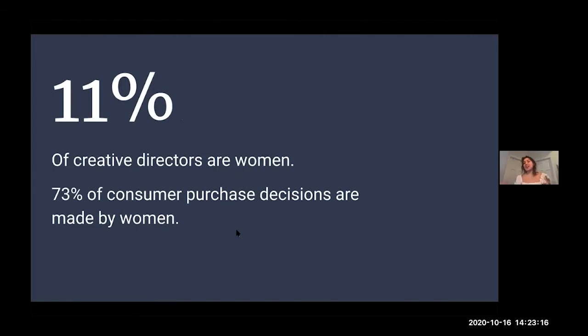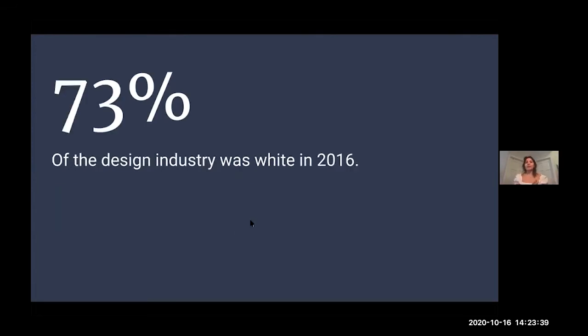Going more into the design side of things, 11% of creative directors are women, but 73% of consumer purchase decisions are made by women. So if you're building out a product or working on a team where your end user is a consumer on the open market, 73% of those purchase decisions are made by women, despite the fact that those that are designing those products don't reflect that at all.